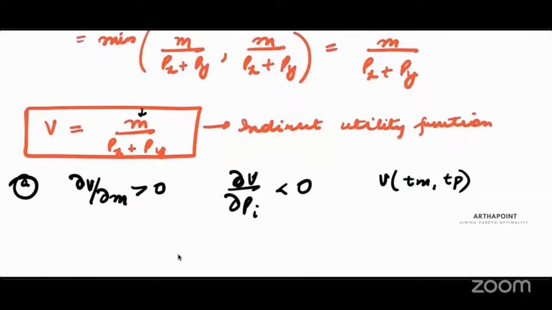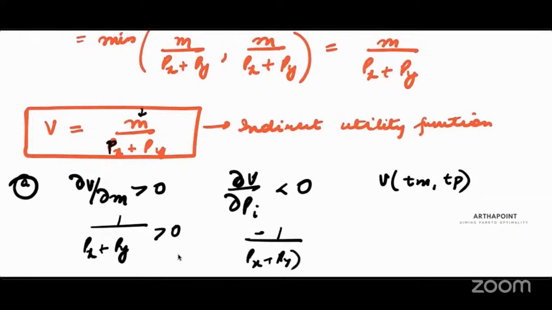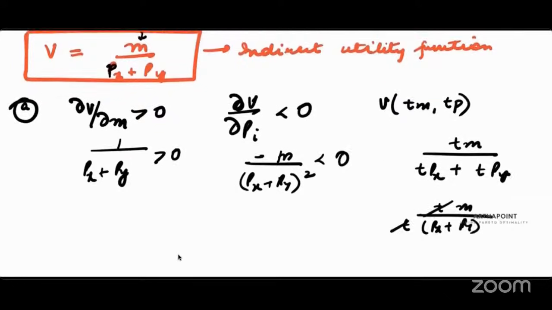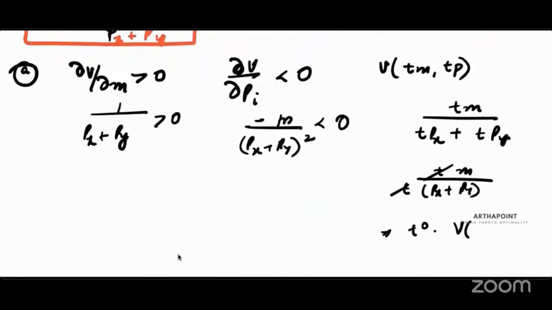Here m is coming in the numerator. So when you differentiate, you will get 1 by px plus py, which is greater than 0. Here prices are coming in the denominator. So when you differentiate, you will get minus 1 by px plus py whole square into m, less than 0. Here when you multiply, instead of m, you write tm. Instead of px, you write tpx. Instead of py, you write tpy. You can take t common. So this is simply t to the power 0 into the initial function. So therefore it is of degree 0.